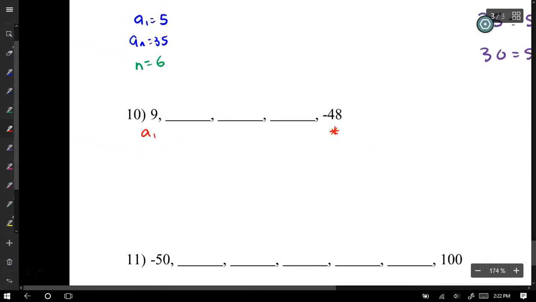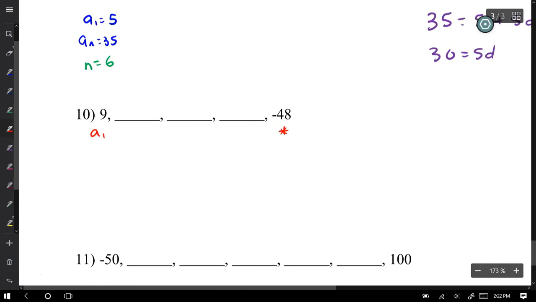I also know that I'm adding my difference once, twice, 3 times, and then to get here, I am adding a 4th time. So I like to think about this. I am starting at 9. I am adding 1d, 2d's, 3d's, 4d's. I'm adding 4d's to that to get to negative 48.